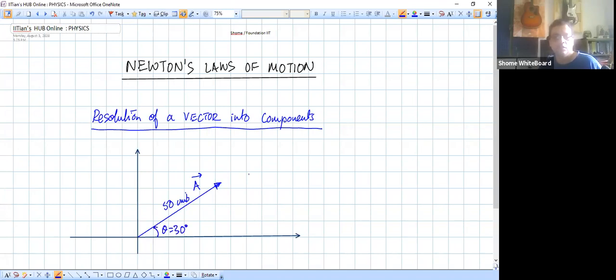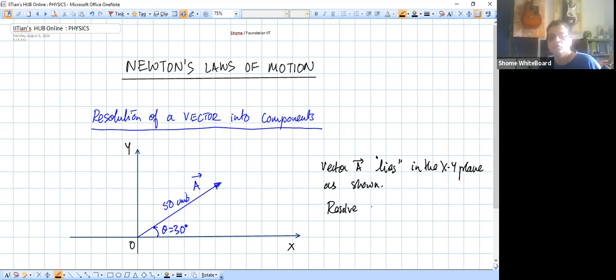Okay, and I specifically tell you that this is my x-axis, this is my y-axis. It's given to me that the vector A lies in the xy plane as shown in the diagram. So resolve the vector into its components.